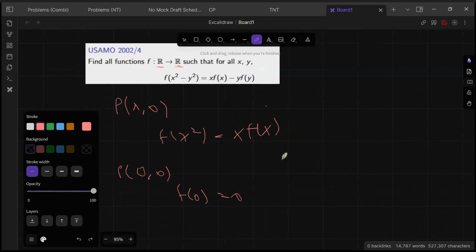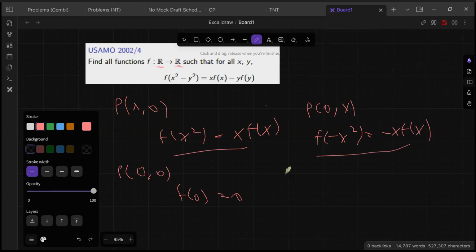We could try P of 0 comma x. This gives us f of minus x squared is equal to minus x f of x. Combined with this, is it enough to assume that it's odd? Why? Because x squared can only take positive values.